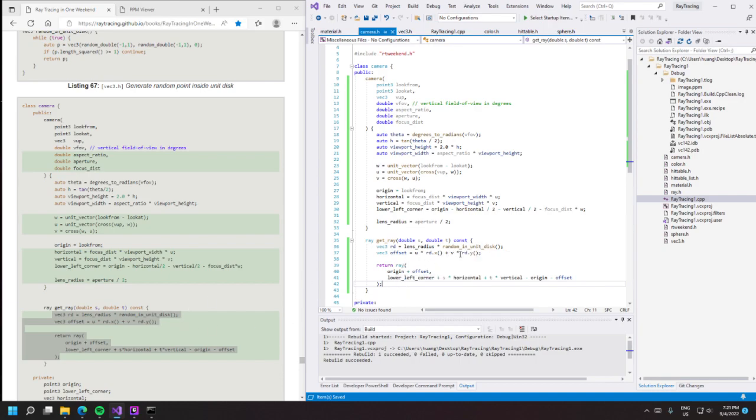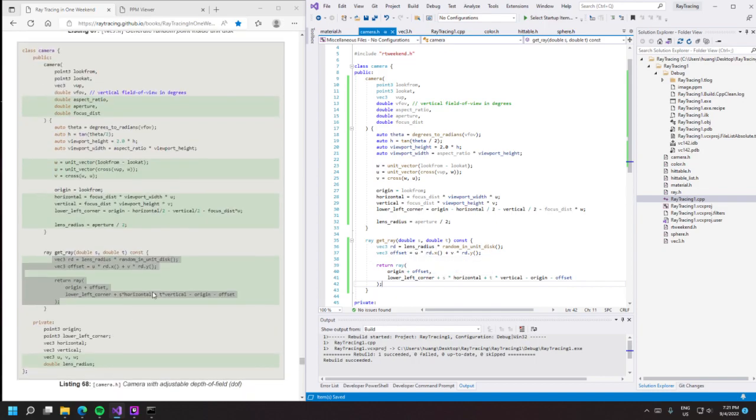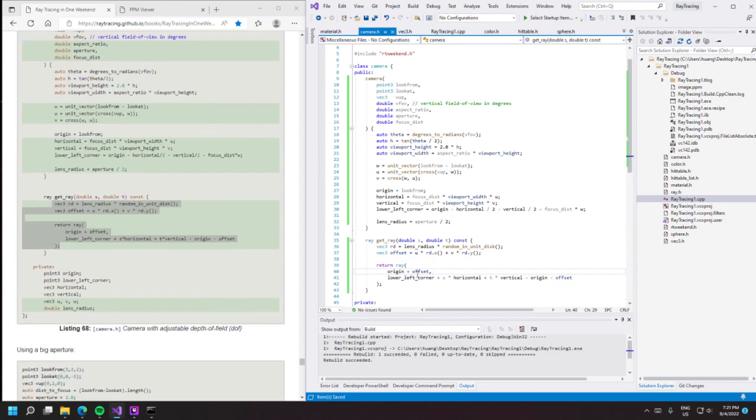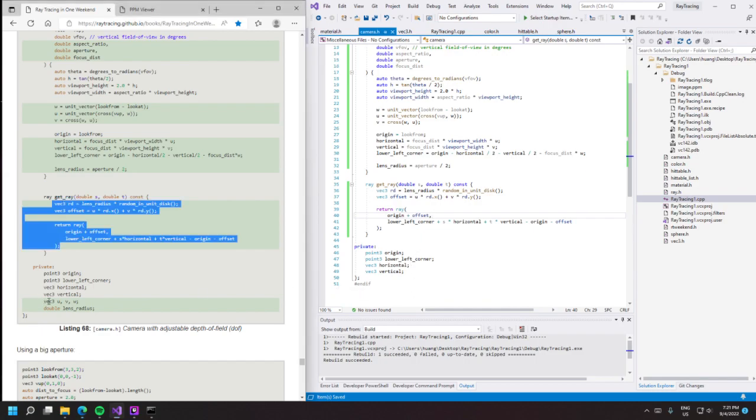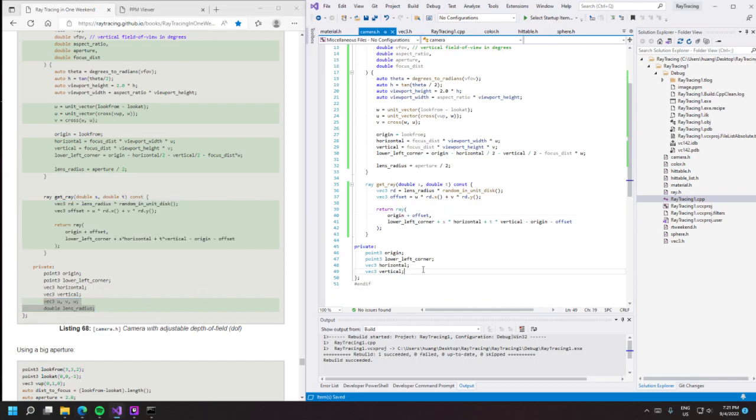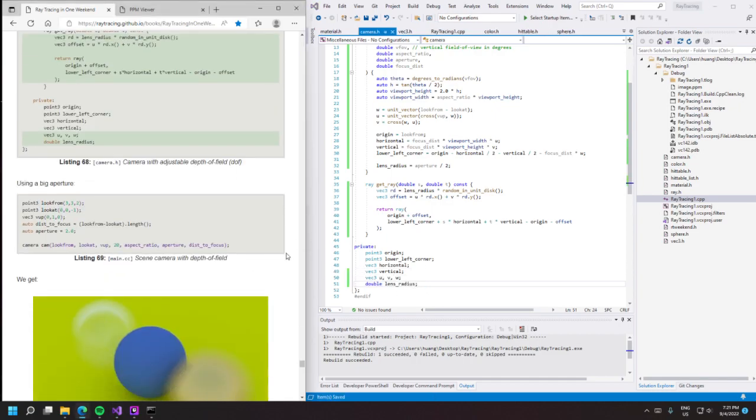The offset is just like you normalize the UV vector, and then the ray origin is origin plus offset. The lower left corner, yeah, and we add the Vec3, our orthogonal basis, and the lens radius.